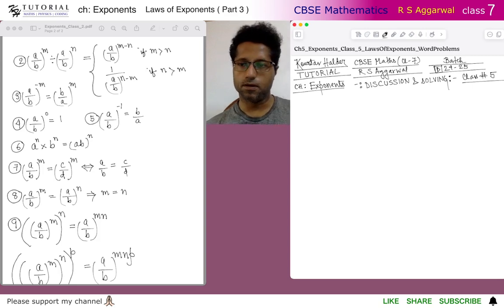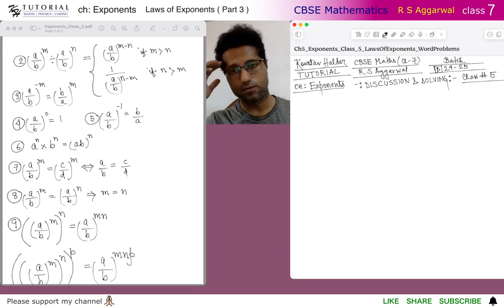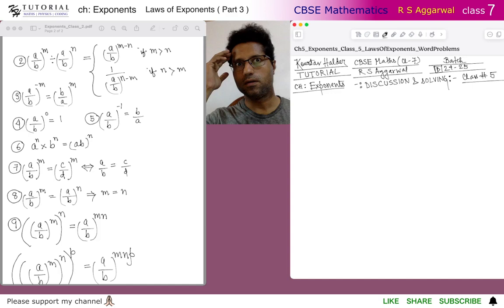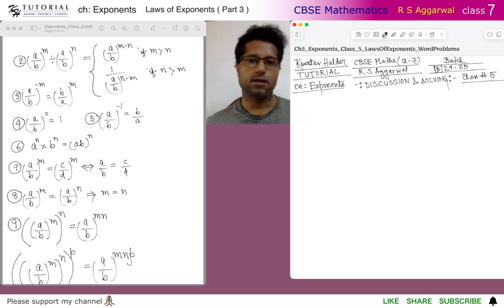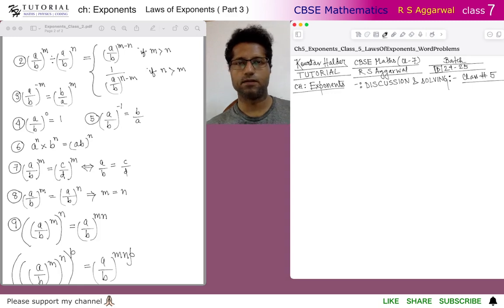So there will be a couple of videos more. The idea is next I will cover expressing large numbers as exponents, then large numbers in standard form, then square root, cube root, and then possibly I will solve the MCQ objective questions given at the end of the chapter exponents and the test paper.